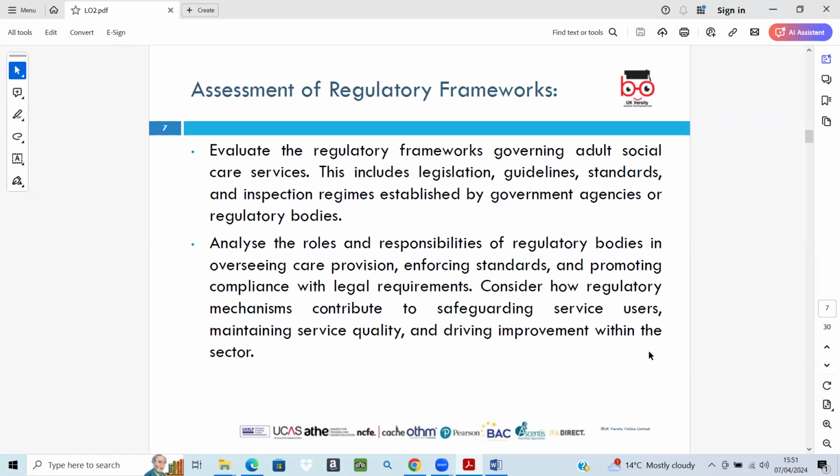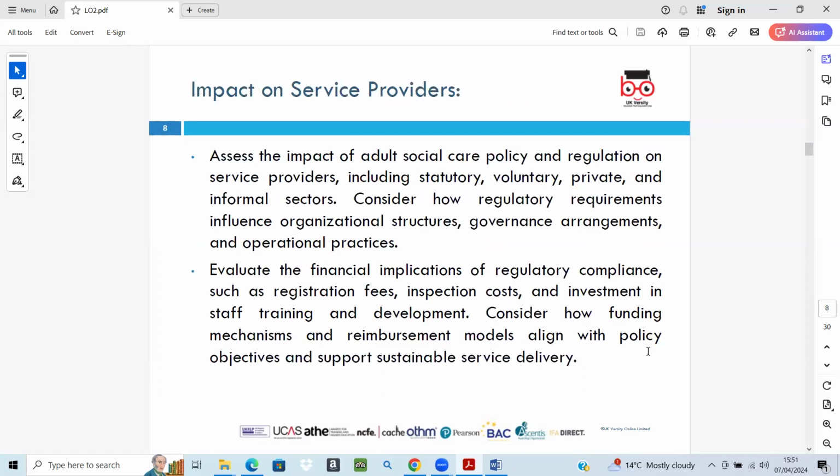Then we have the importance of adult social care policy and service providers: statutory, voluntary, private, and informal sector, and financial implications.